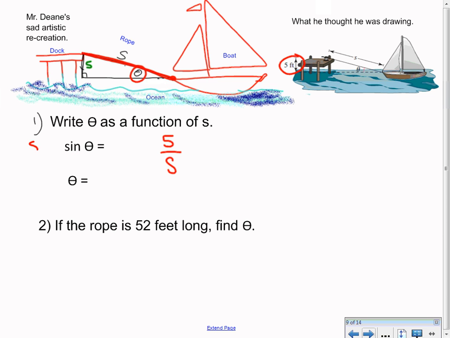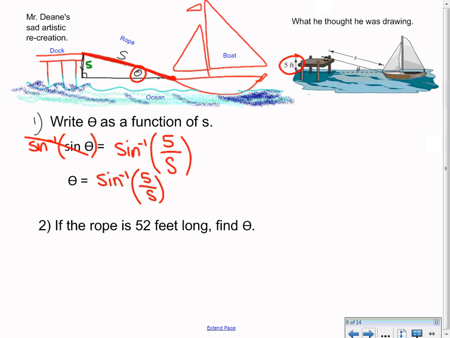We're going to do inverse sine of the left side and inverse sine of the right. Inverse sine and regular sine cancel each other out, as they should, and you get theta equals inverse sine of 5 over s, the rope length.